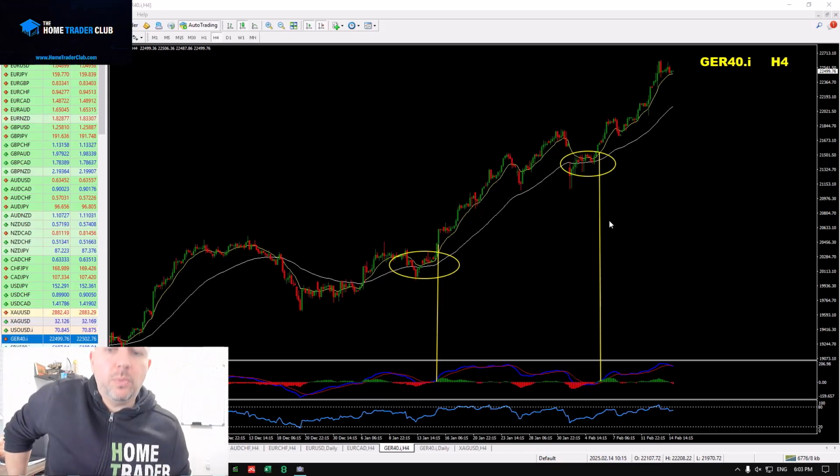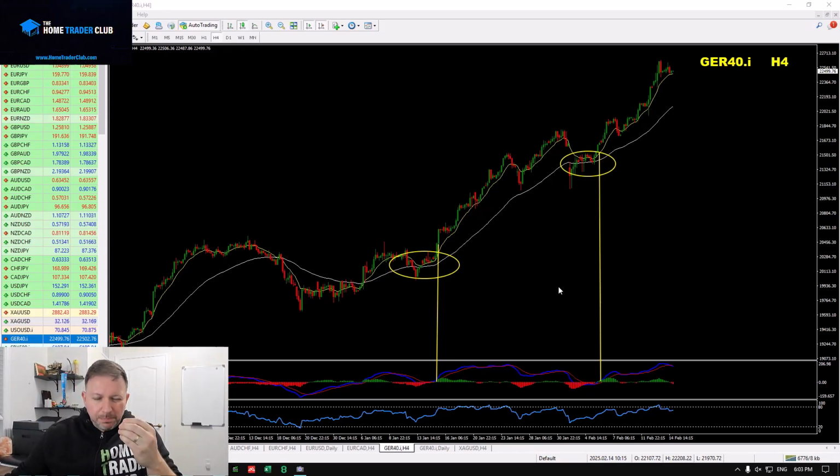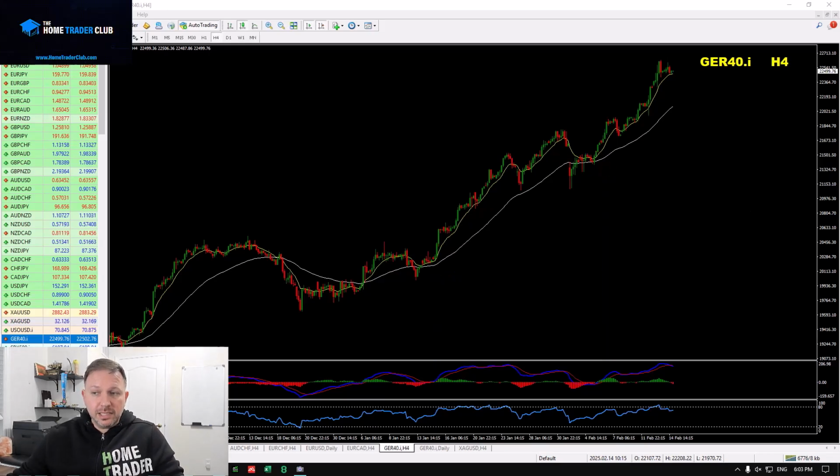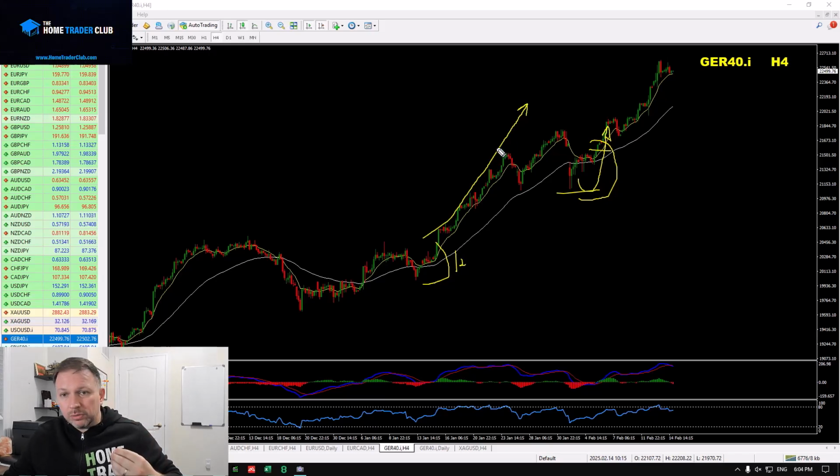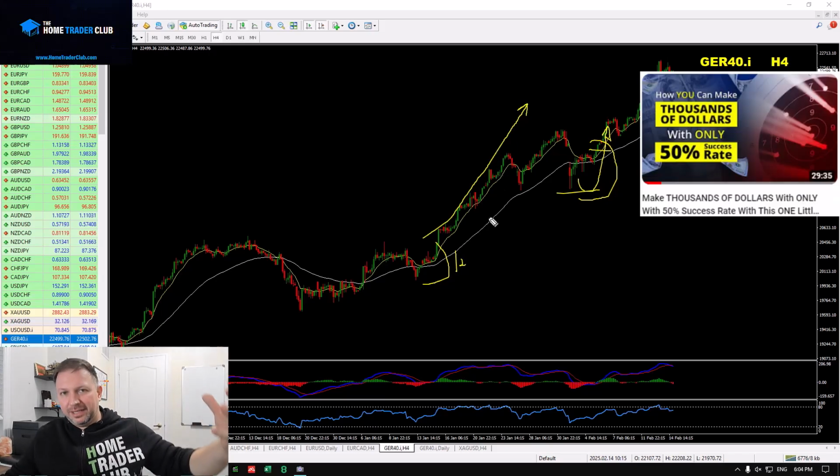The reason, by the way, this is a technical sign I personally love is simply because you usually get great risk-reward ratios when you are riding the trends. Because you are riding the trend, the reward might be significantly bigger than the risk you have.